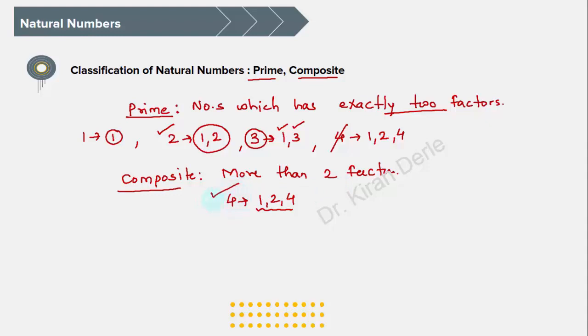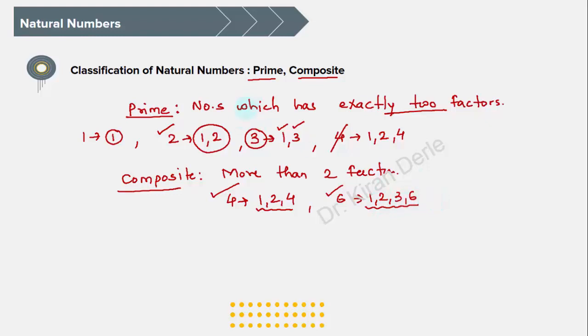So 4 is the least composite number that we have, right? Then you can think of 6. 1, 2, 3, 6. 6 can be divisible by these factors, these divisors. Factors are divisors, right? So hope you are understanding this point.